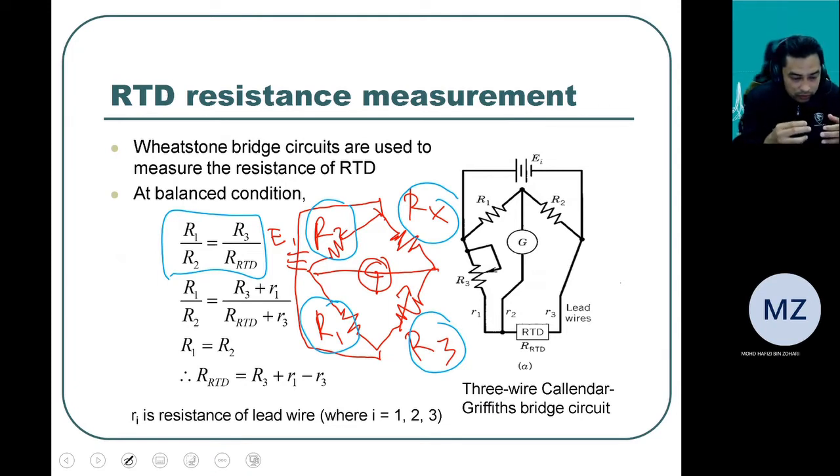So whenever the G value is 0, that means we stop adjusting the R3, and then now we look at what's the value for Rx. Okay.